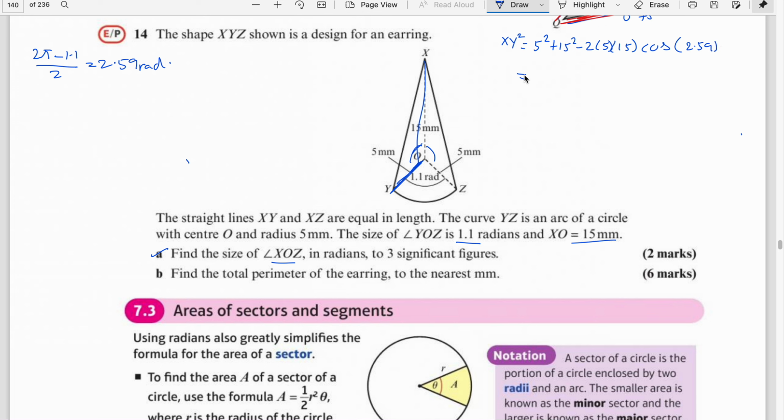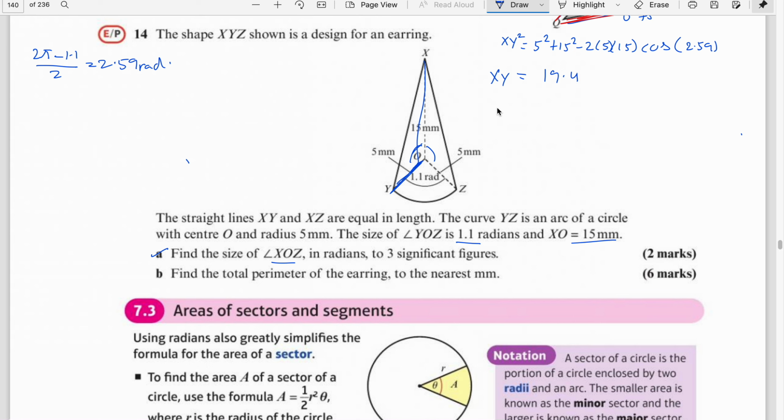Make sure the calculator is in radians mode. That is 377. Square root of the answer, XY is equal to 19.4, and XZ is also equal to that.